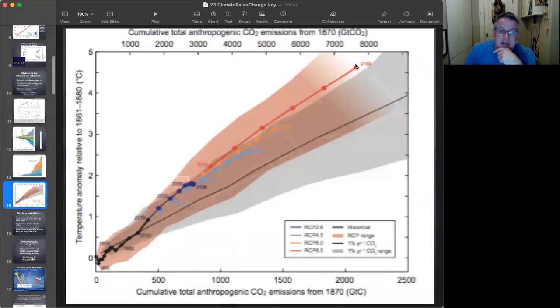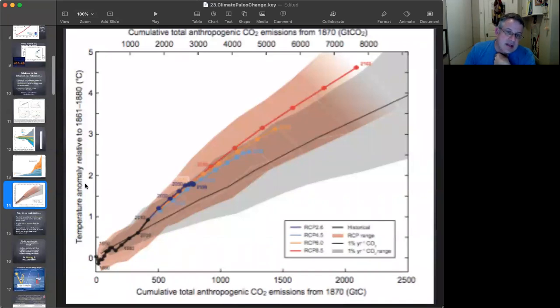This is showing a bunch of different scenarios and observations of all of the different future possibilities from different scenarios, lower warming levels, faster warming levels, and sorry that this is blurry. I should have cut and pasted this one again. Here along this axis is the amount of anthropogenic CO2 emissions since 1870, so 1,000, 2,000, 3,000 gigatons of carbon dioxide.